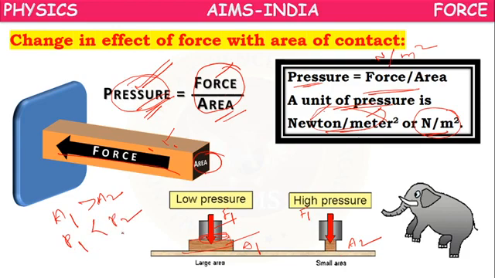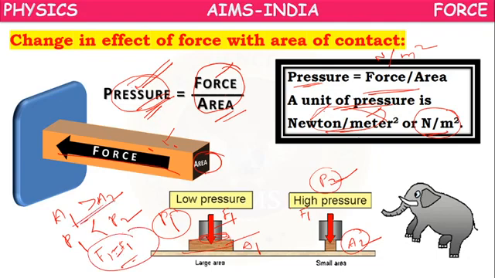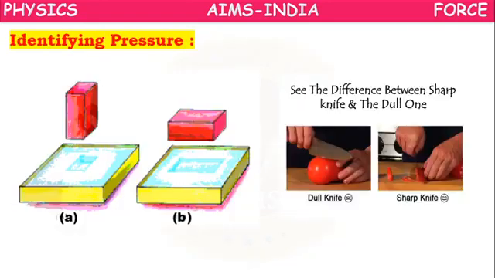When the area is less, the pressure will be more. In both conditions the forces are the same, F1 equal to F1. More area, less pressure. Less area, more pressure. So like that we can learn about pressure.